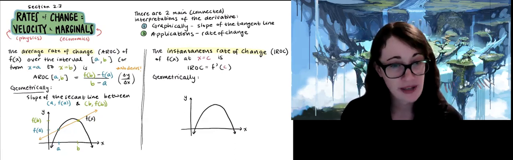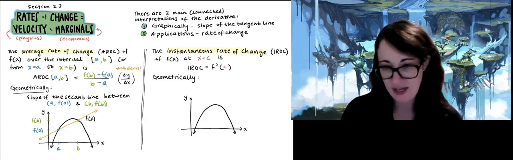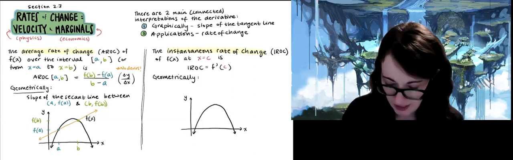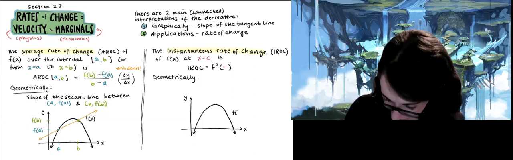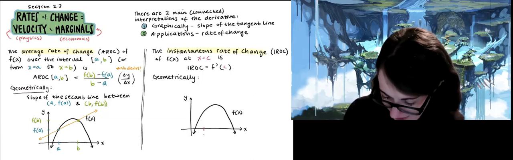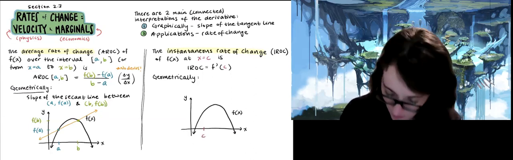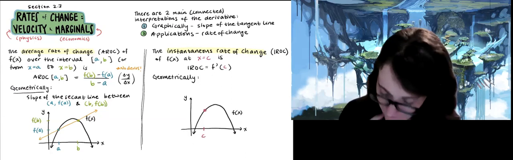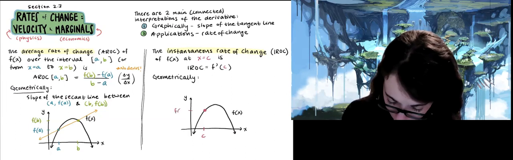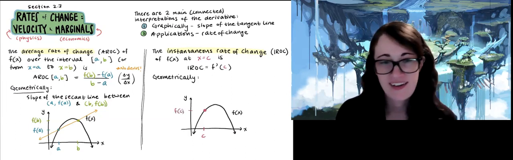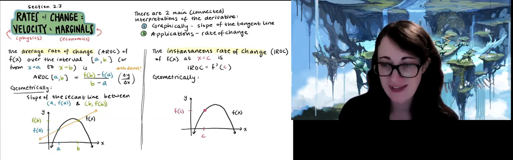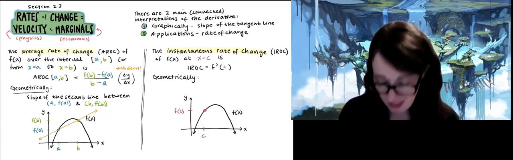So if we're going to draw a picture of this, we just have this same curve down here. So here's f of x. Say that the x value, which we're calling c, maybe lives right here. So the point on the curve is right here. The y value, which we actually don't need, but that would be f of c up here. Okay, the rate of change at this single point that we're looking at, the instantaneous rate of change, would just be the slope of the tangent line.